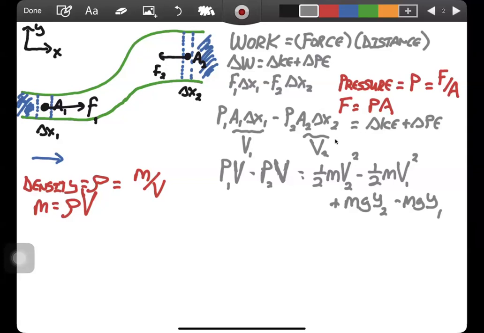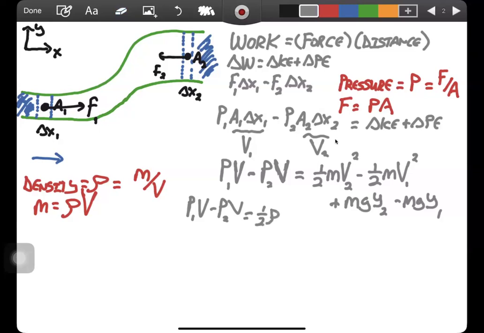And so I'm just going to continue with my equation now, but I'm going to make my substitution that mass equals density multiplied by the volume of the fluid. And so what I'm going to have now is P1 V minus P2 V equals 1/2 rho.